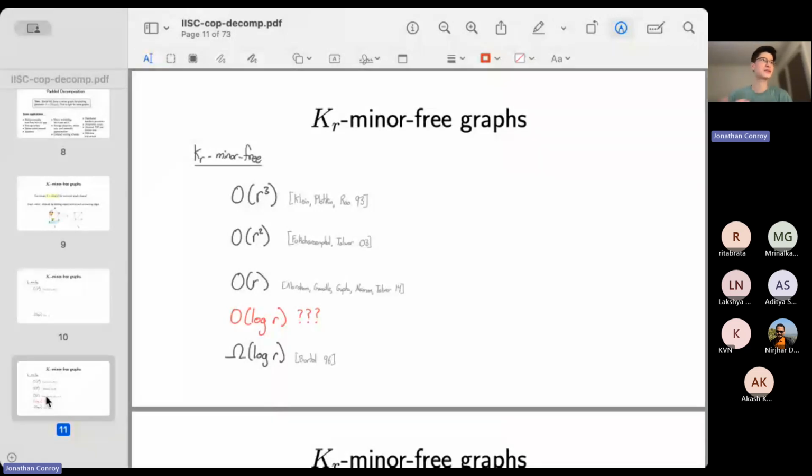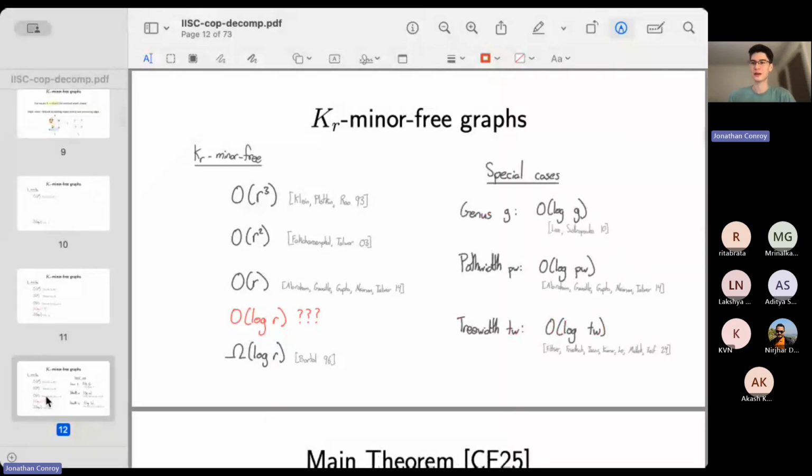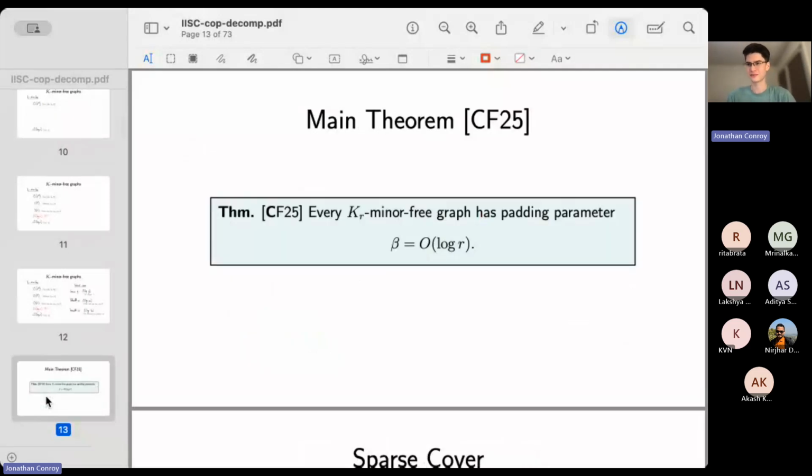In various special classes of minor-free graphs, people were able to show that there's log of the parameter of interest padding, for example bounded genus, bounded path width, and then very recently bounded tree width. And in this paper with Arnold, last year, we were able to show that general minor-free graphs have padding parameter log r.